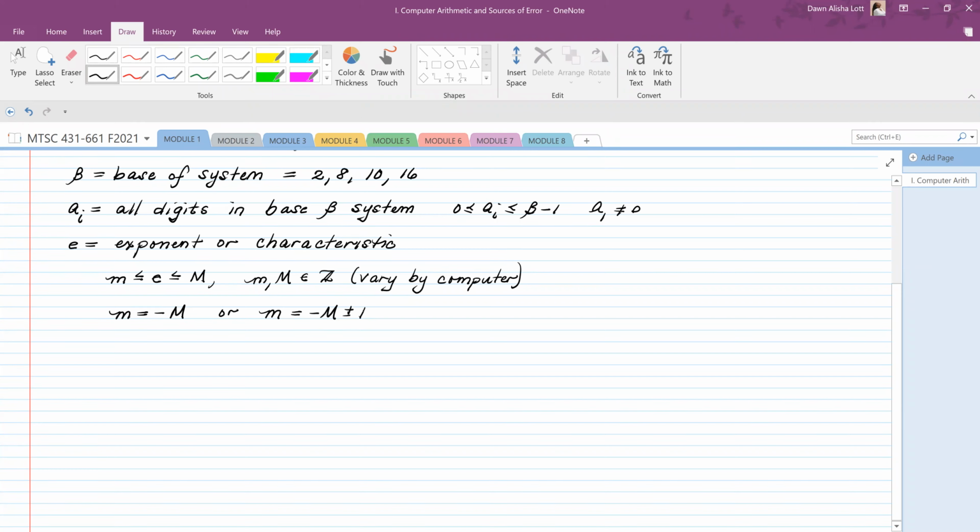Okay. And then lastly, our .A1 A2, all the way up to AN, this is called the mantissa, and it contains n digits.